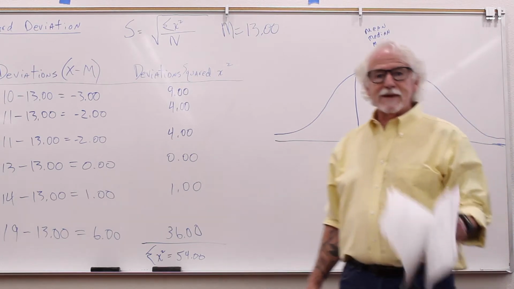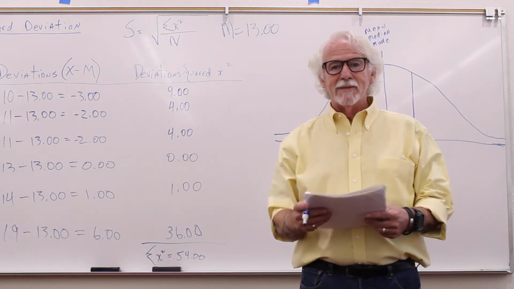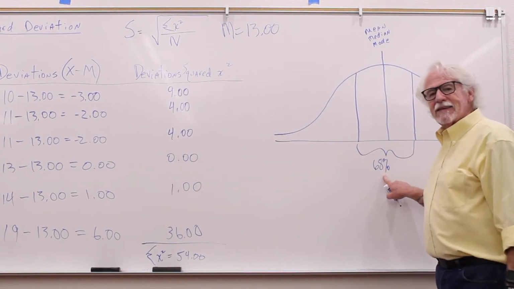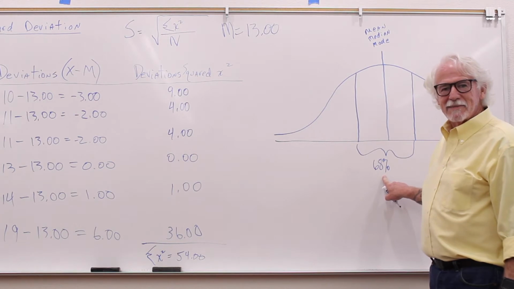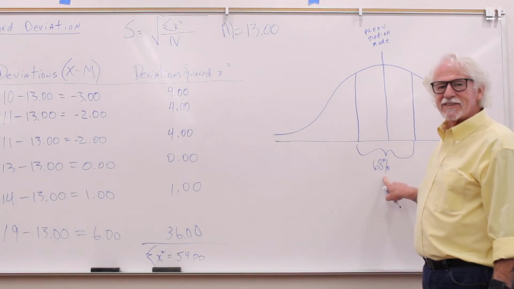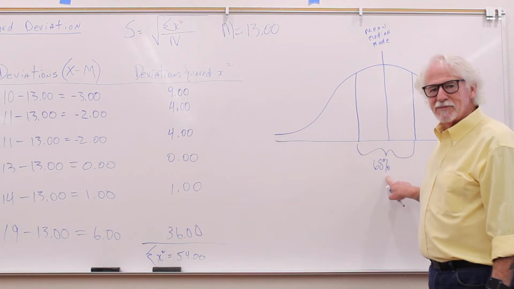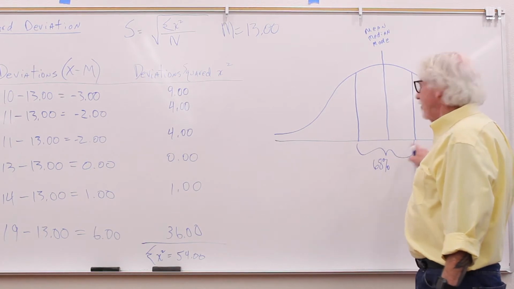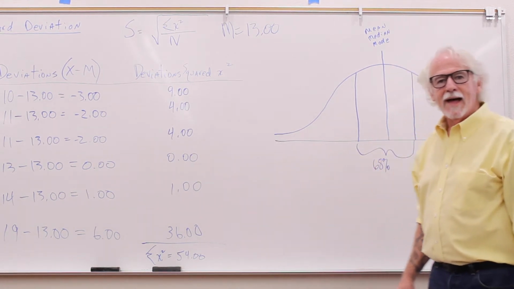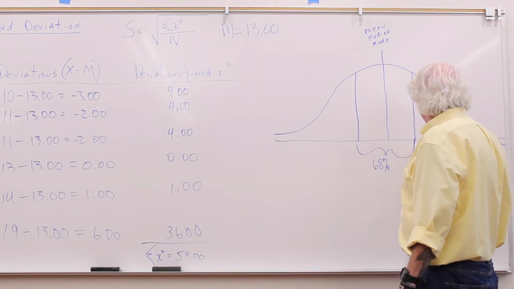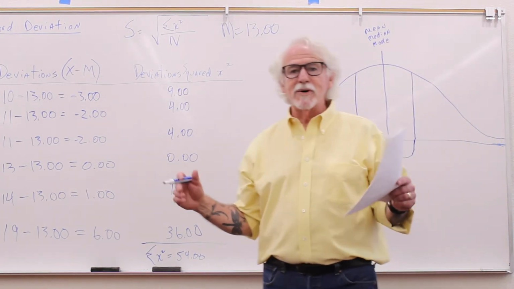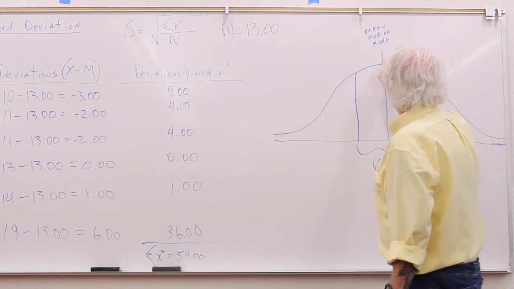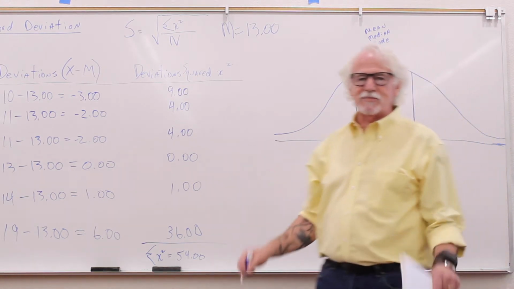We like rules. Remember I said math is easy because of the rules. So here's the rule, right? 68% of your cases, 68% of your scores, 68% of your people, subjects, whatever it is, are going to lie within one standard deviation of the mean. The average person, right? We said this is the curve that will occur if you studied everybody on the planet.